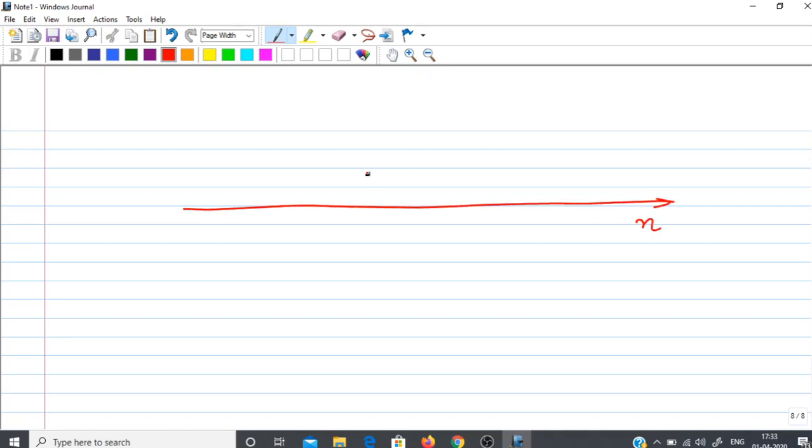This is our n axis. Now I will take values of n: 0, 1, all integers. So at n equals 0, what is the value of the sequence? 1, because (1/2) to the power 0 is 1.